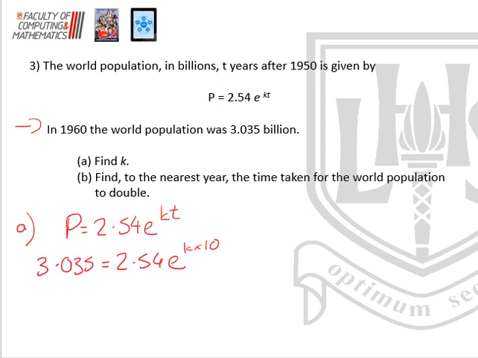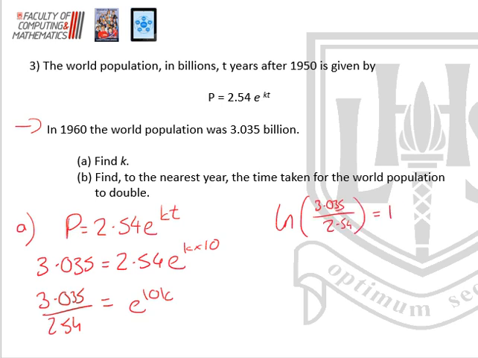Okay, you need to cancel out that 2.54. We're doing 3.035 over 2.54 is equal to e to the power 10k. Then we need to cancel out this e, so it's ln of 3.035 over 2.54 is equal to 10k.